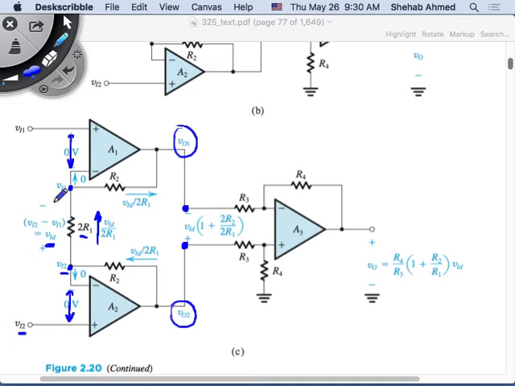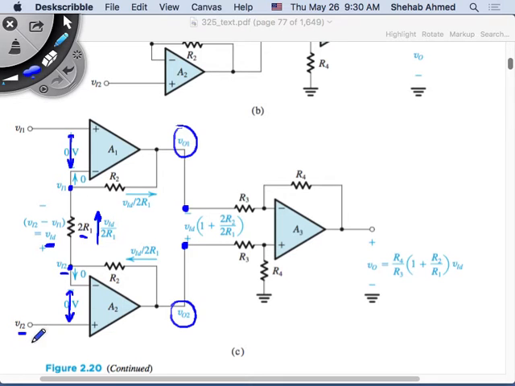What does that mean for the common mode signal? Common mode signal is a voltage that is the same on this input and this input. If I now subtract both inputs from each other, what does that mean for the common mode signal? 0. Right?